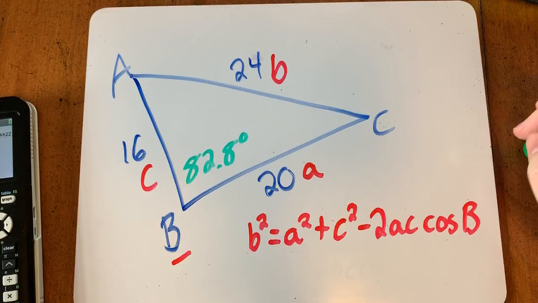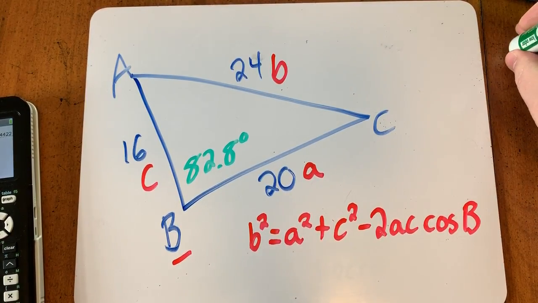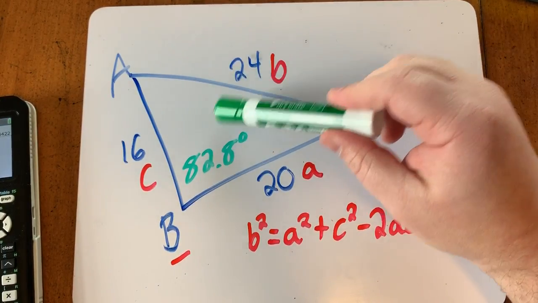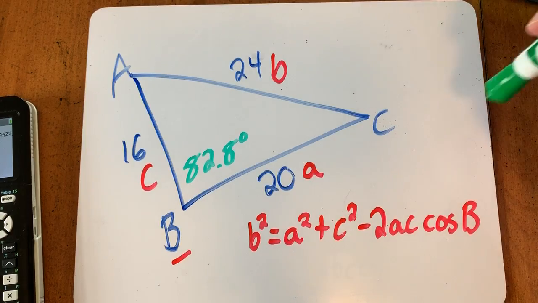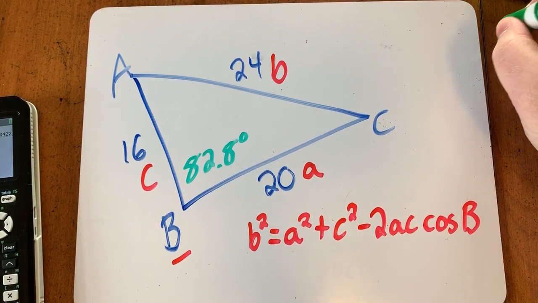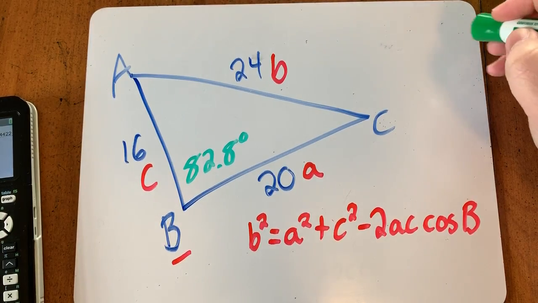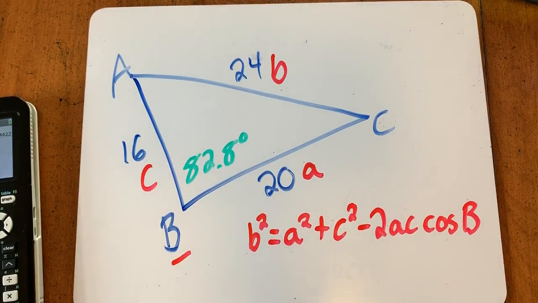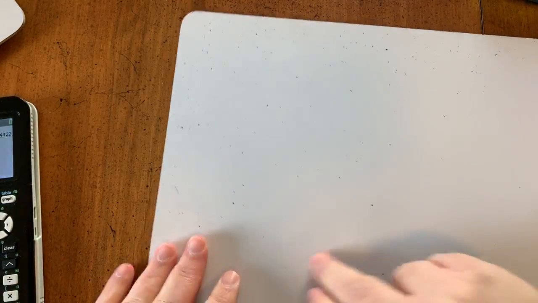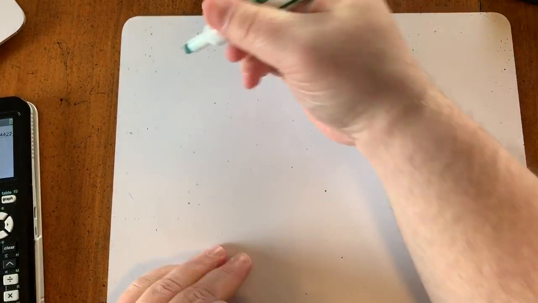So from here, now we have 4 pieces of information. We could use the law of sines, because now we have a pair of opposites. Or we could use the law of cosines again. Now, normally, I would use the law of sines. What I would set up is sine of b over b.